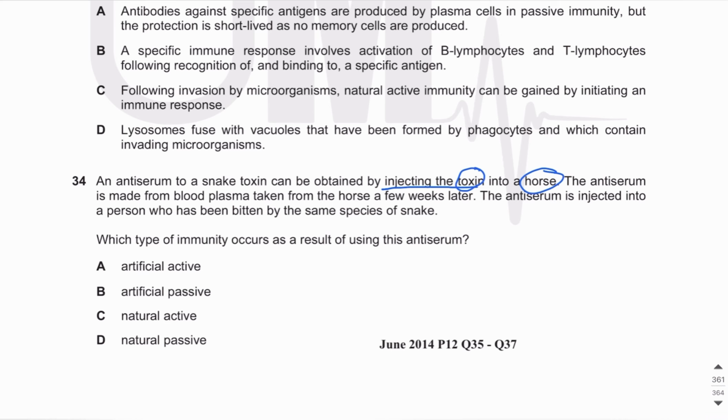Then what we can do is take blood plasma from that horse, which will contain the antibodies. So basically antiserum contains what? Antiserum is basically the blood plasma taken from the horse, which will contain antibodies against what? Against snake toxin. Are you guys getting my point?